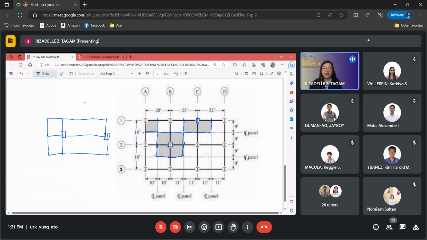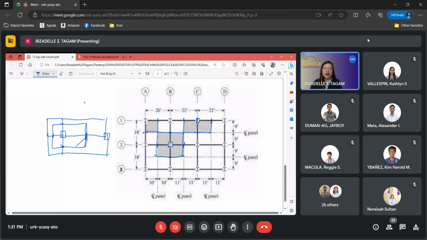Na column dira. Still, katunga. Katunga and katunga. Yung na iyang forma. Half gyapon, no? On each side na iyahang na cover.